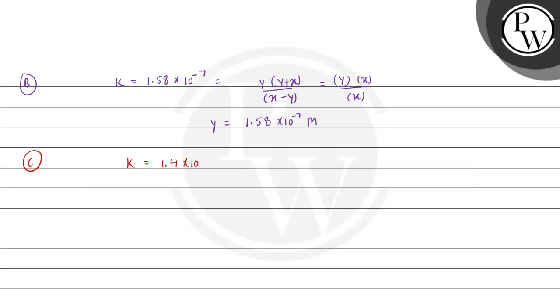is 1.4 multiplied by 10 raised to power minus 12. This will be equal to product concentration, that is Z multiplied by X plus Z, divided by reactant, which is Y minus Z. This is equal to Z multiplied by X divided by Y. So we know the value of X as well as Y. When we substitute, we will get the value of Z as 5.93 multiplied by 10 raised to power minus 18 molar.